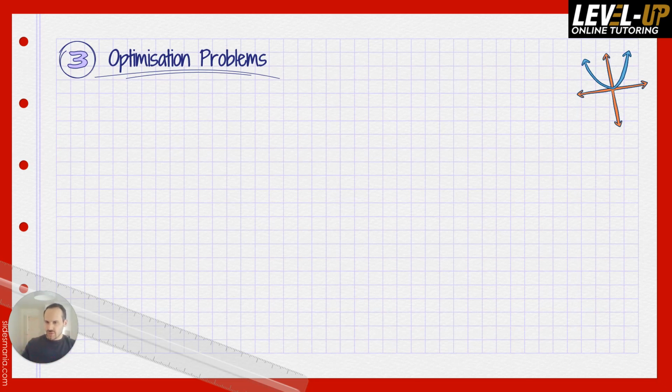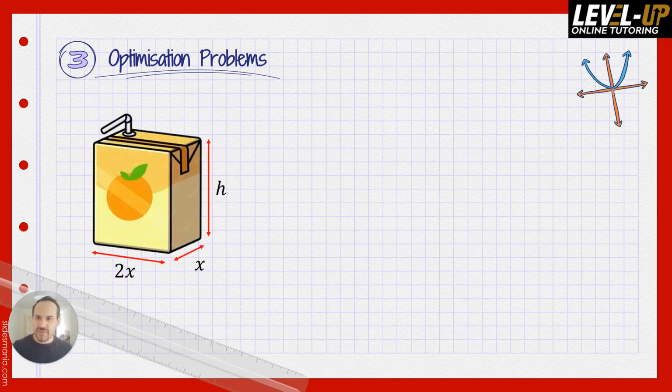You go too far the other way, it's not that great. There's some kind of sweet spot in the middle where it's the best possible solution, and we're trying to find what that point is. If you're thinking that kind of sounds a bit like a turning point situation, you'd be right, and so you can kind of see how differentiation is going to come in there. But let's look at this through an example.